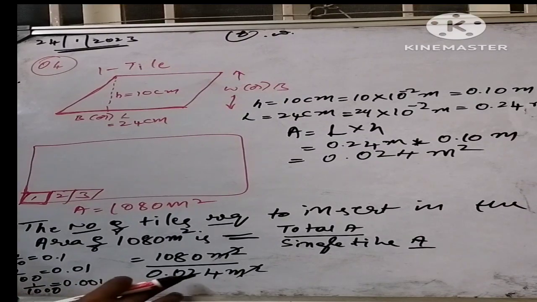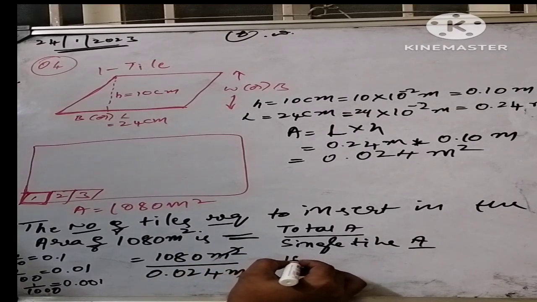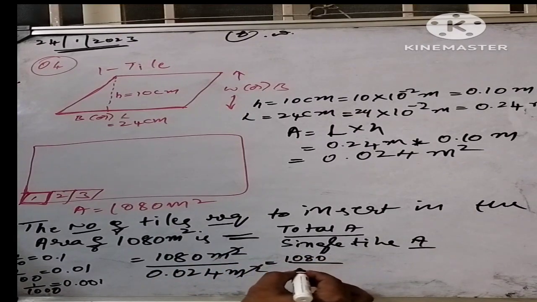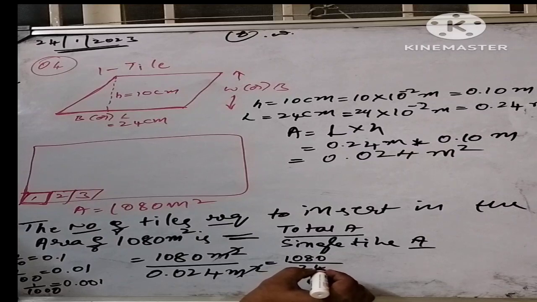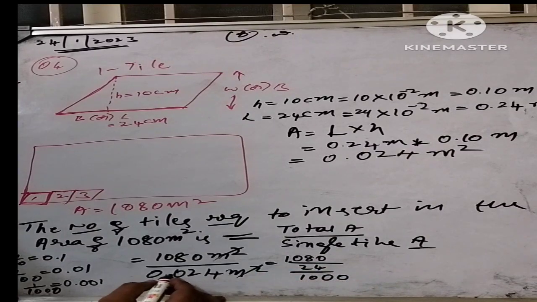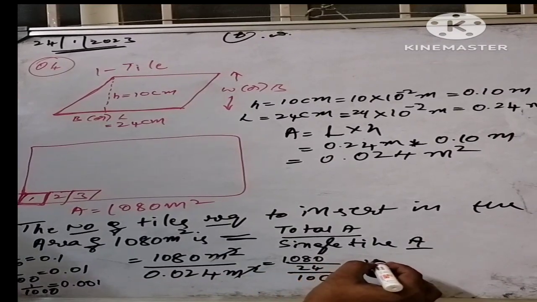Here 0.024 is there, so we can write it as 24 divided by 1000. Why? Because there are three numbers after the point. So 1080 divided by 24 by 1000.